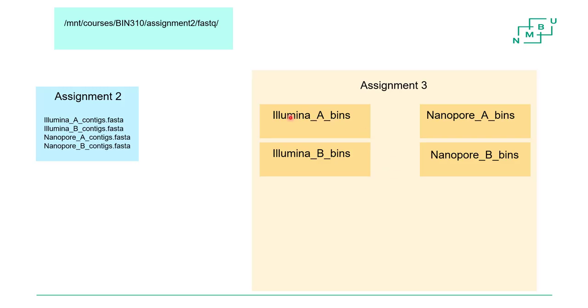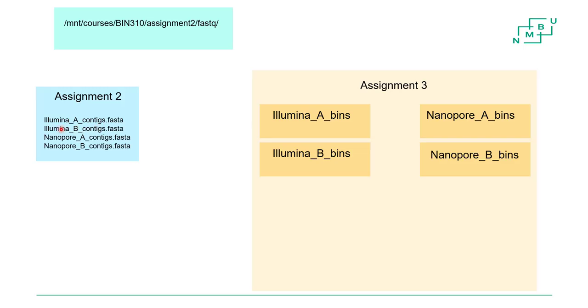And notice there's one subfolder here now for each of these 4 sets of contigs, right? Inside here you have a number of contigs, many of them. Inside here you have also many contigs, and here and here. The very first thing you're going to do in assignment 3 is to simply read the contigs from this file, keep only those that have length 1000 bases or more, and store them in this folder here.